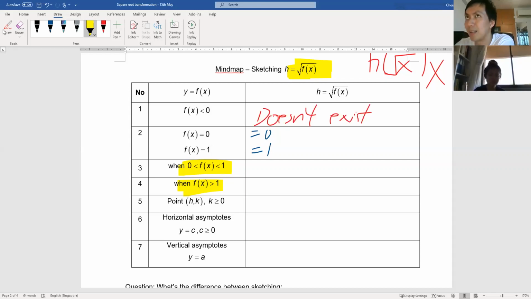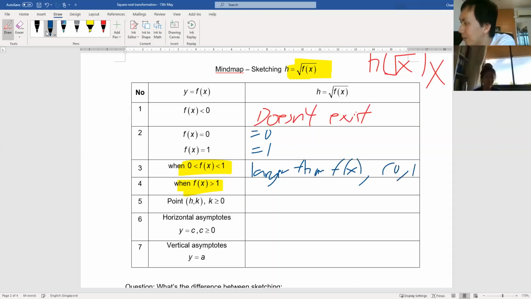For number 3, it's a larger value, but it is still range bound between 0 and 1. So larger than f(x), but still between 0 and 1. The other one will be smaller than f(x), but still 1 to infinity.